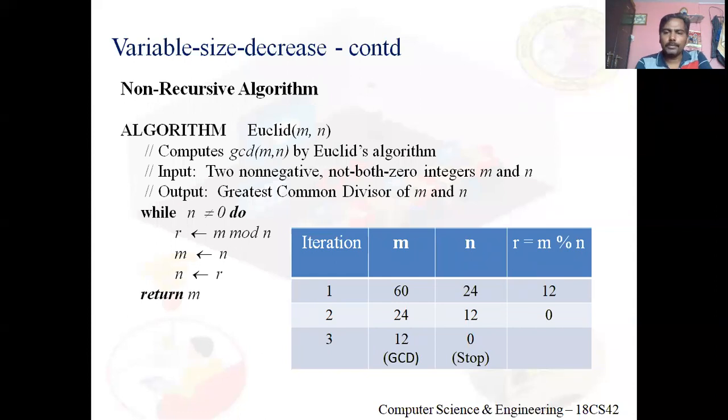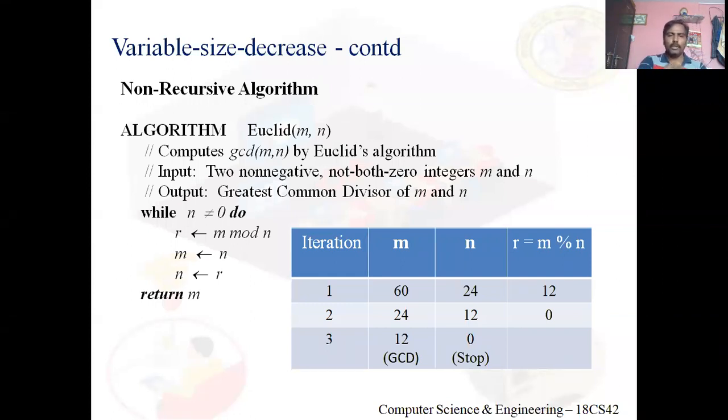The remainder is 12. Next, the second argument n becomes the first argument. So n, which is 24 in iteration 1, will be copied to m in the second iteration. The remainder 12 will be copied to n.